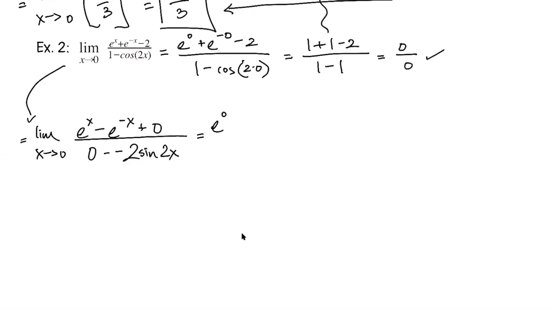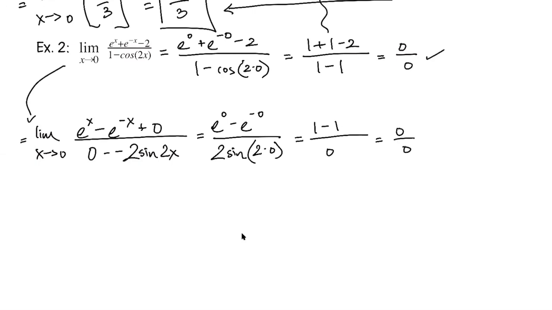E to the 0 minus e to the negative 0 over 2 sine of 2 times 0. Okay. E to the 0 is 1 minus e to the negative 0 is 1. Sine of 0? 0. So I get a 0 on the bottom.